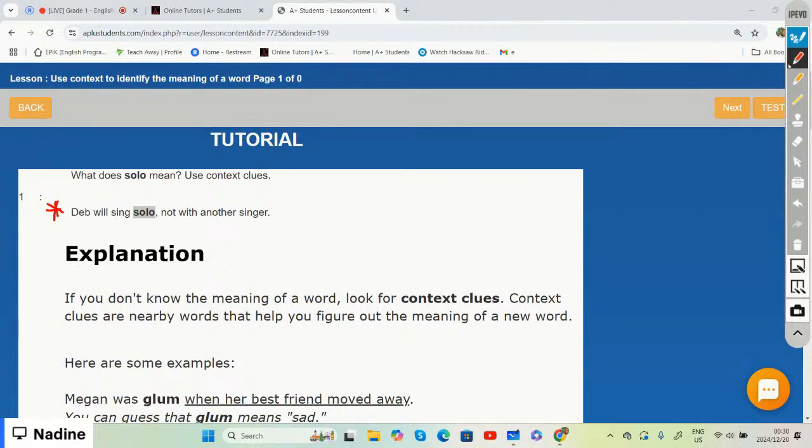And if we were to basically say what solo means based on the sentence, remember if we say Dave will sing solo, not with anybody else. If you do something and you say, I don't want to do it with anybody else, then what does that mean?